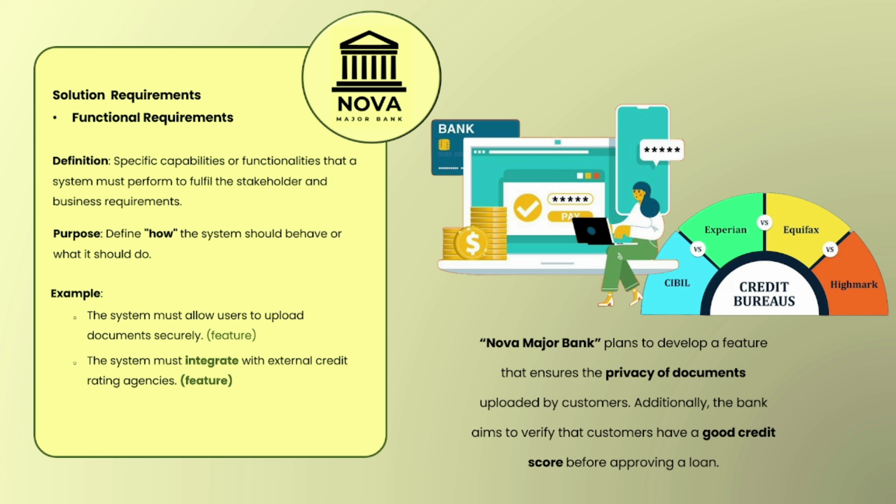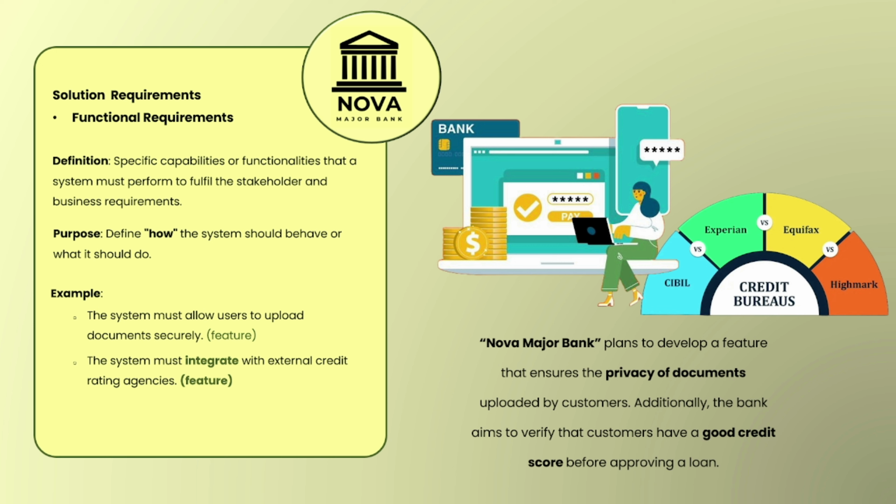An example is this: the system must allow users to upload documents securely. When we apply for a loan, if we just fill up the application, and then need to go to the bank branch to submit the documents, it will not solve the purpose. An application submitted with the documents may solve our purpose.